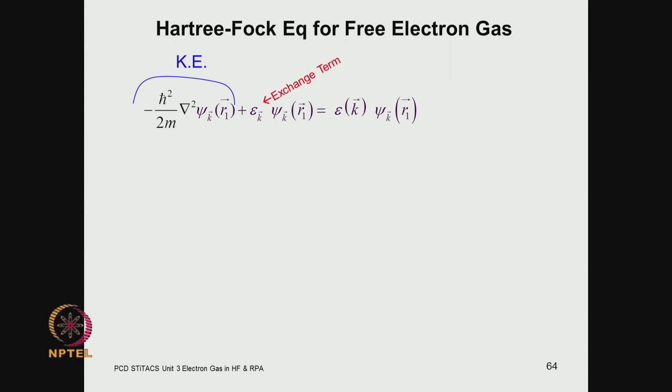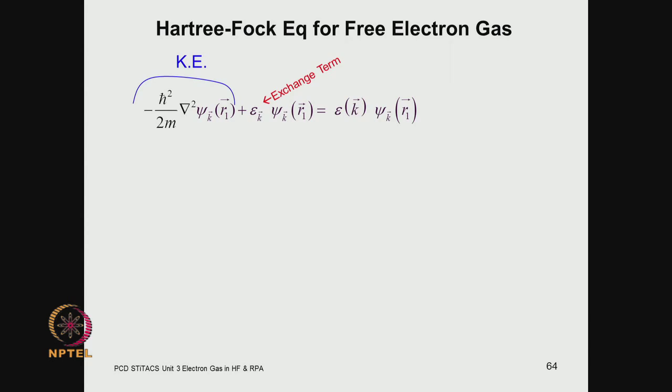So we wrote the Hartree-Fock self-consistent field equation, which is a condition which must be satisfied so that you get a self-consistent field according to the variation principle, and this relationship we arrived at in our previous class. So this would be an appropriate point to begin discussion for today. So you have got the kinetic energy term and then the exchange term.